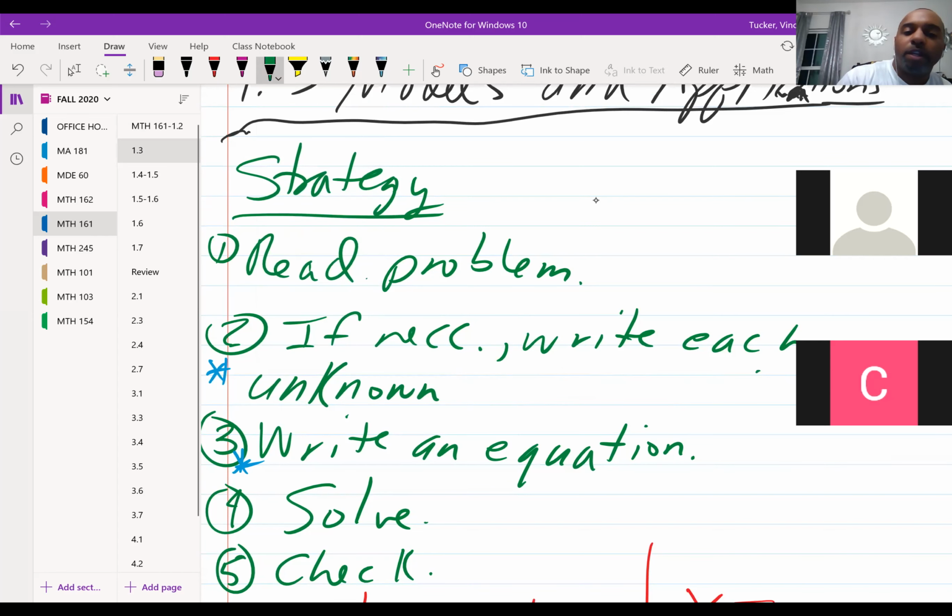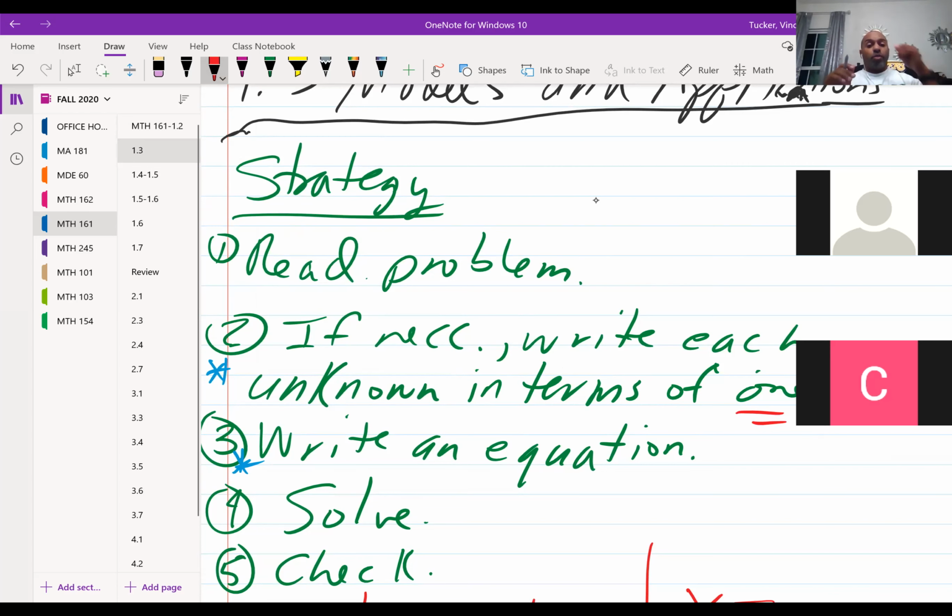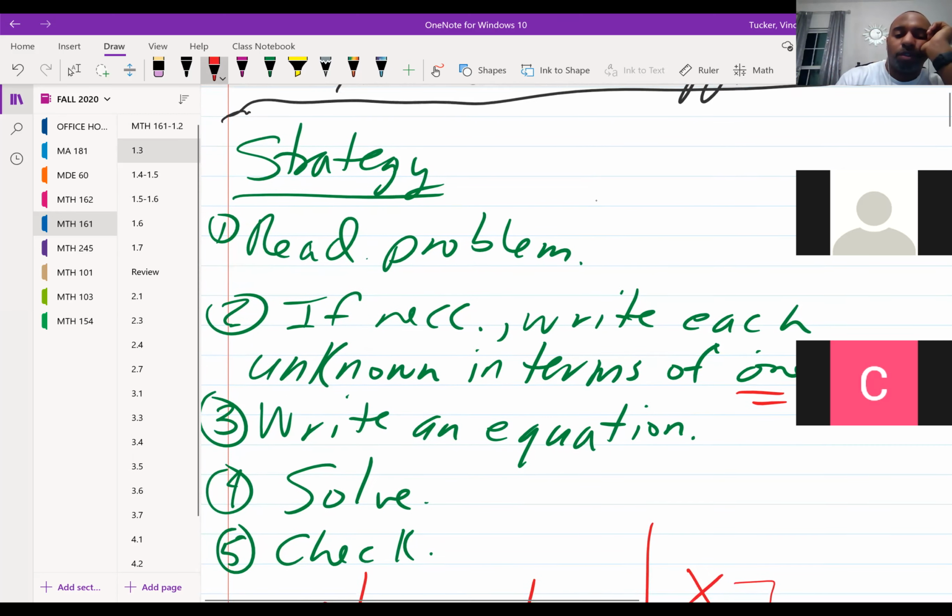So if necessary, write each unknown in terms of one variable. All right, so you want to write each unknown in terms of one variable. Write an equation, you want to solve it, and then check.